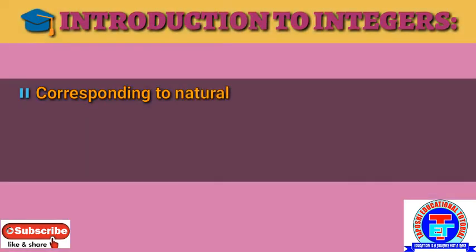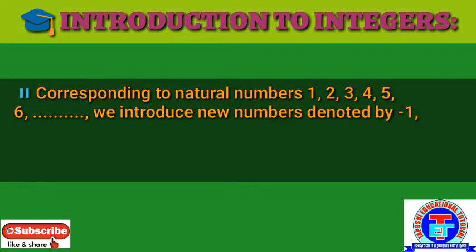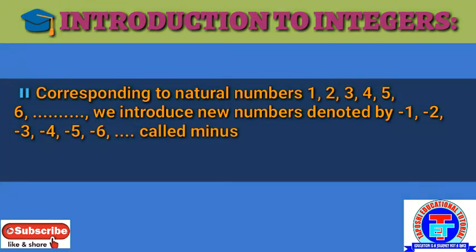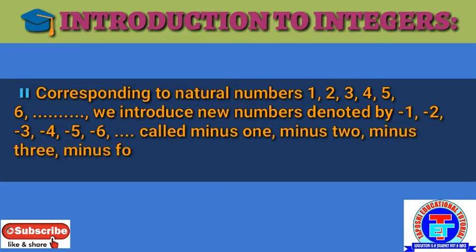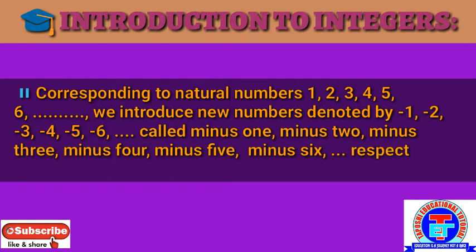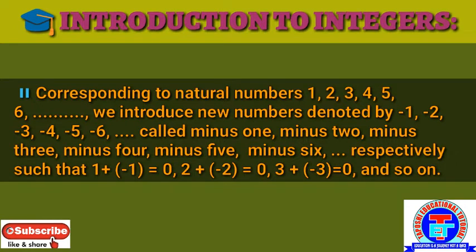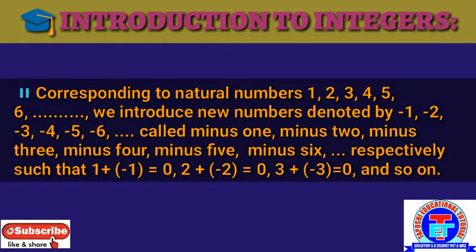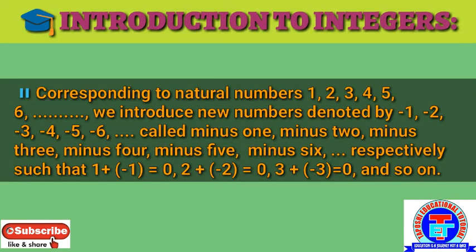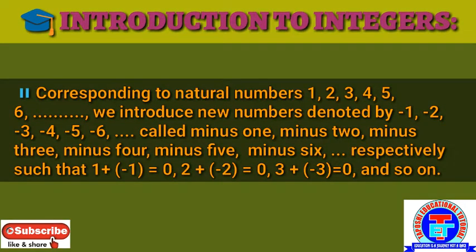Corresponding to natural numbers 1, 2, 3, 4, 5, 6, and so on, we introduce new numbers denoted by minus 1, minus 2, minus 3, minus 4, minus 5, minus 6, and so on, such that 1 plus (minus 1) is equal to 0, 2 plus (minus 2) is equal to 0, 3 plus (minus 3) is equal to 0, and so on.